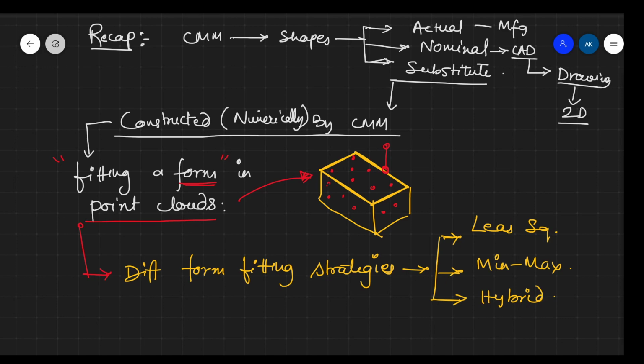So now we will continue from here with our ultimate aim. Our ultimate aim will be to design a system by which the best, or the closest, point clouds are obtained. If these point clouds are very exact, then of course the computer will be able to use these strategies in a proper manner, and a very suitable form will be fitted to this body, and you will get a very close resemblance of the actual shape of the body.